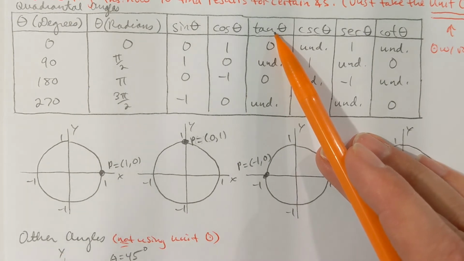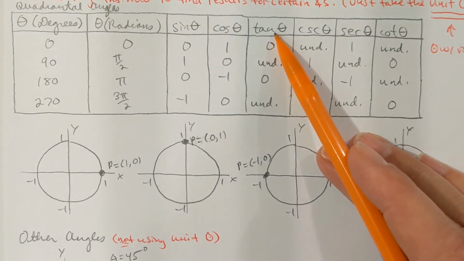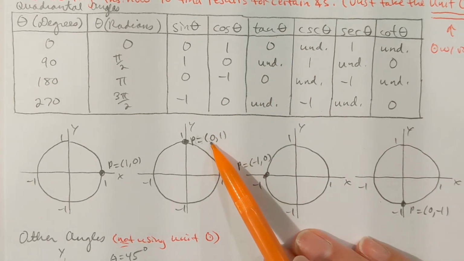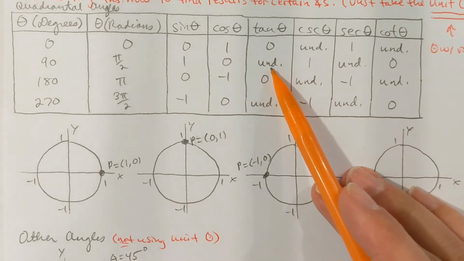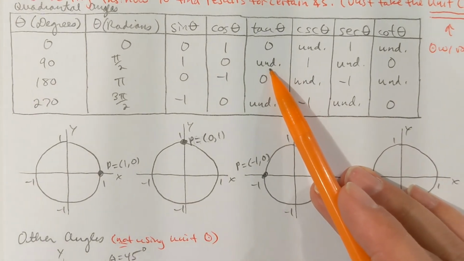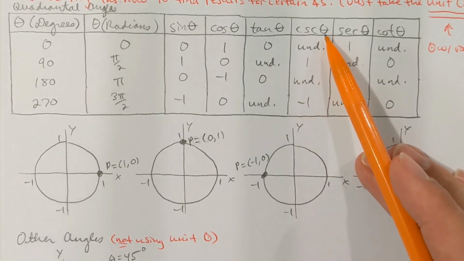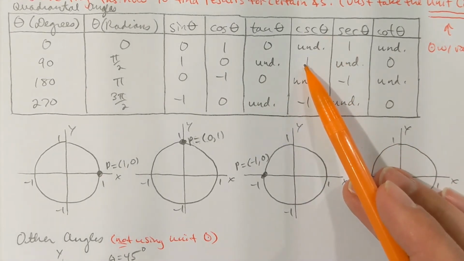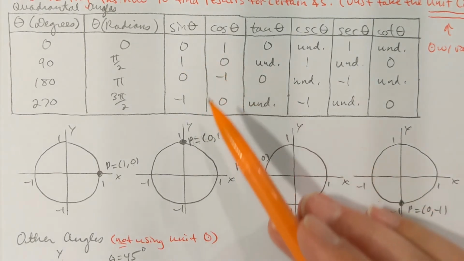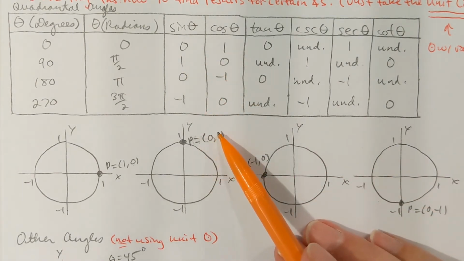Tangent of 90 degrees, tangent of an angle is y over x. Y is 1, x is 0, and there'd be a problem with division by 0 there, so tangent of 90 degrees is undefined. Cosecant of 90 degrees would be the reciprocal of sine of 90 degrees, so instead of being y over r, it's going to be r over y.